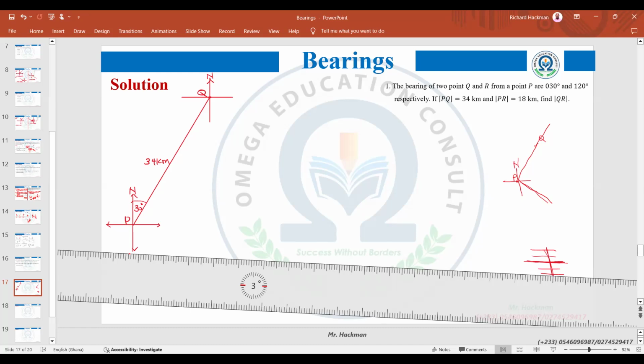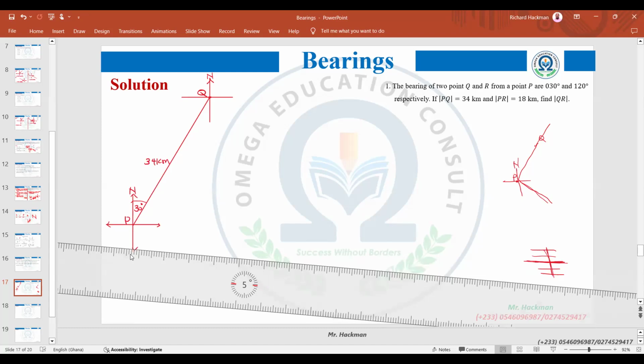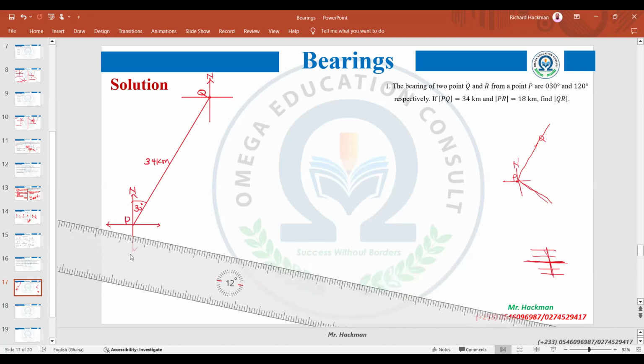The bearing is 120. Okay, also from P. So you know that 120, this is what you are supposed to get. Okay, from here to here will give you 90. You want to get to 120, so you need 30 more, am I right?